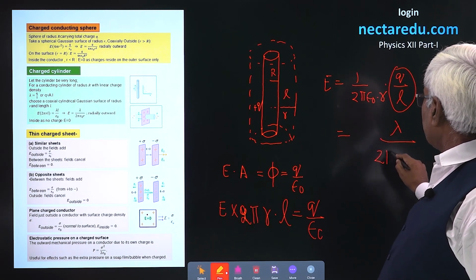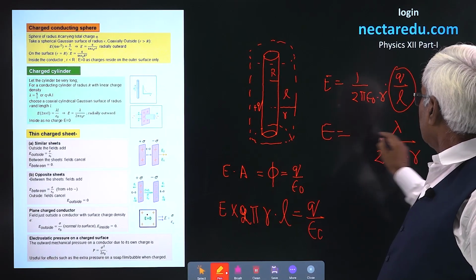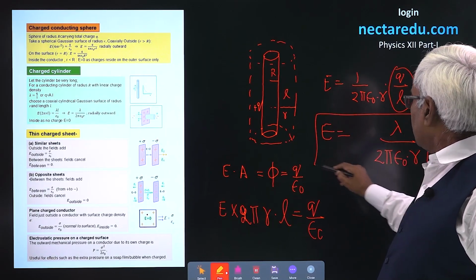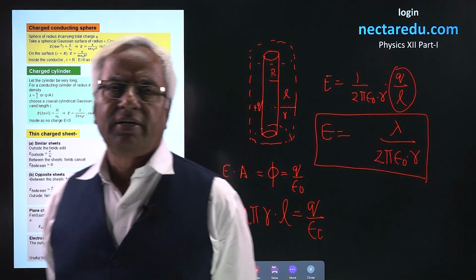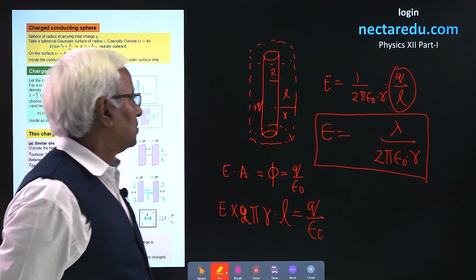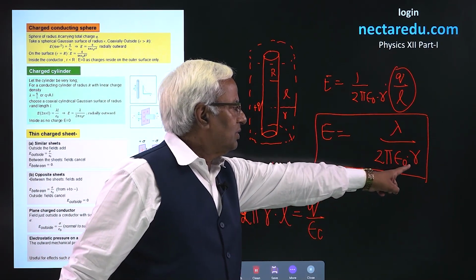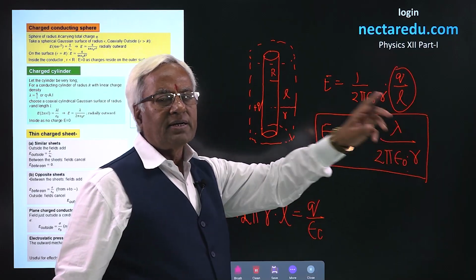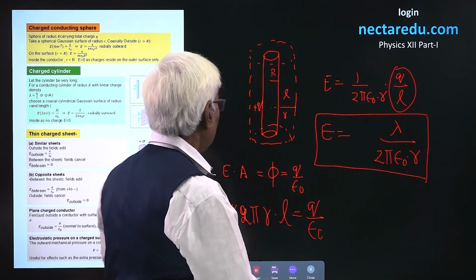So, that way you get the formula lambda upon 2 pi epsilon naught r. This is the relation for electric field produced by a cylinder. You consider the point on the surface itself. In that case, again this small r will be replaced by capital R, that is the radius of the cylinder.